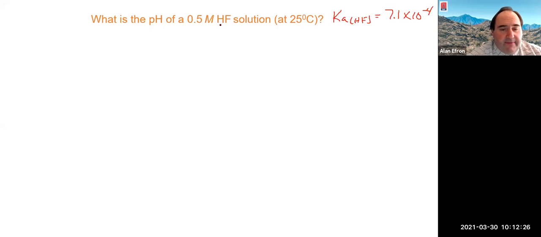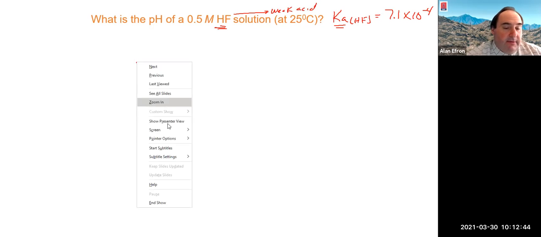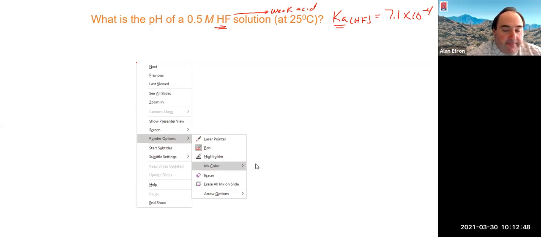If you don't know, HF is a weak acid. Most of the time, you'd probably be given the Ka value in the problem. If not, then if you went to the table and saw a Ka value for it, that should automatically tell you that this is a weak acid. And because it's a weak acid, it should point you in the direction that you should probably be doing an ice table.